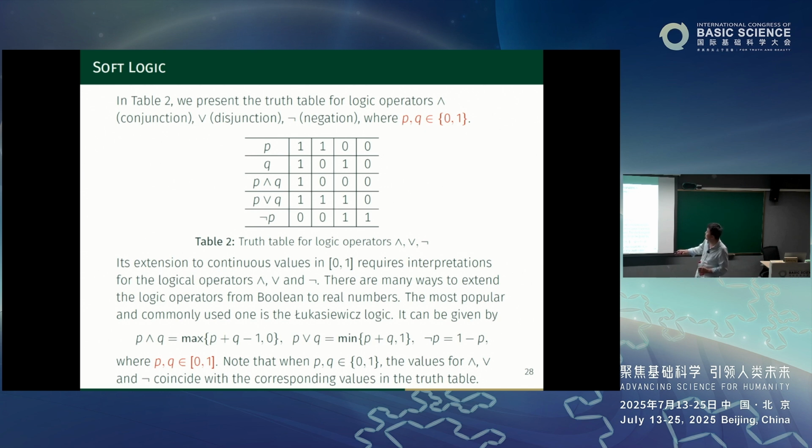So you have to extend from this truth table to soft logic. The most popular one is the Łukasiewicz logic, given by this. If P and Q are 0 or 1, this extension coincides with this table. But if they are between 1 and 0, it also means something.